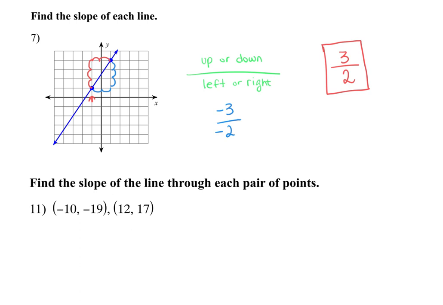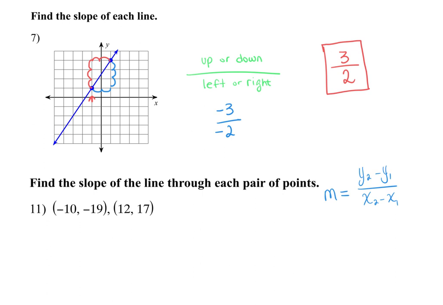The other way I'm going to ask for it is with a pair of points. Now this is where you're going to do your formula. Remember your slope formula, and remember slope is your m value, is your y's subtracted over your x's subtracted. It doesn't matter which group is 1 and which group is 2, as long as both of the variables in the group have the same sub number.